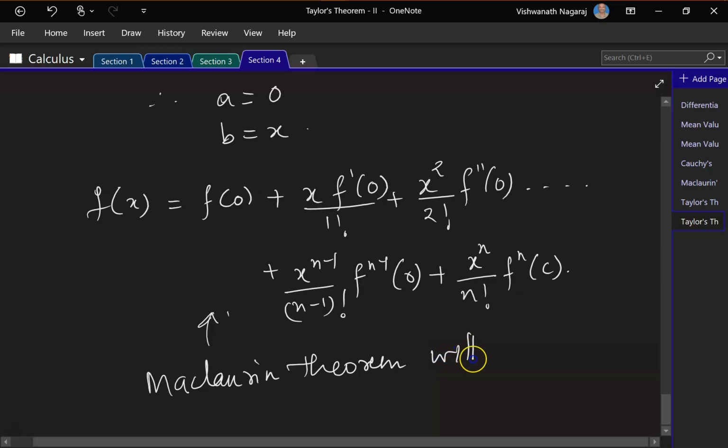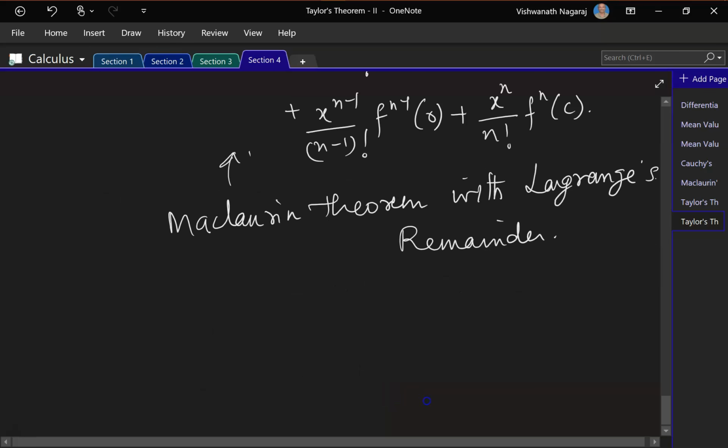So which means this is with Lagrange remainder. And usually we say R of x, the remainder, is equal to x to the power of n by n factorial f nth derivative of c.